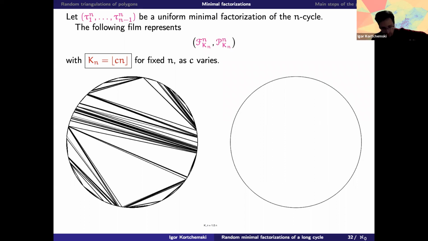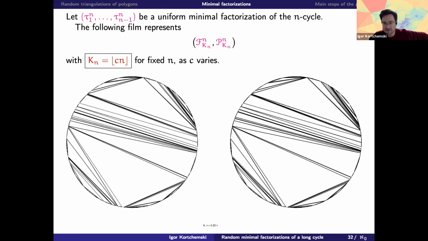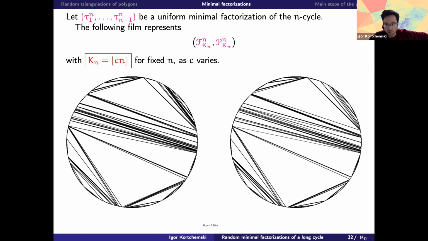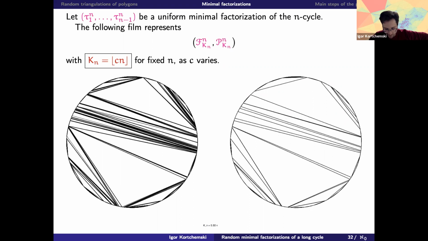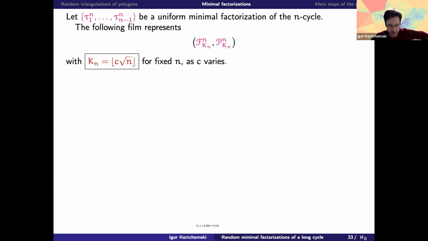So here, if I show again the film, what this simulation suggests is that at the scale n, we're already in a sort of stationary phase. Everything has already happened before. And it turns out that the correct scaling, the time at which the phase transition appears, is when we have read actually square root n transpositions.